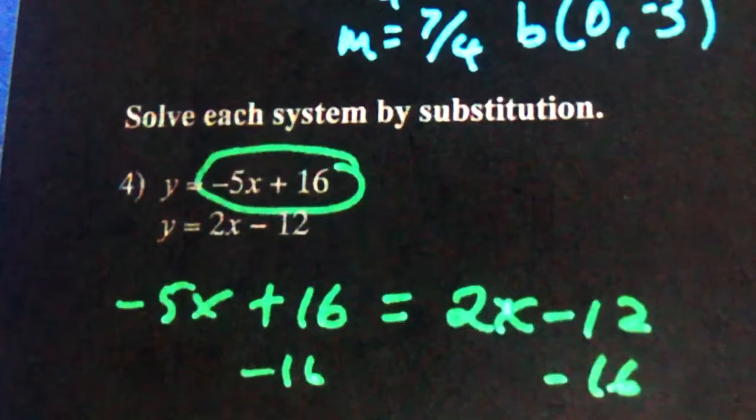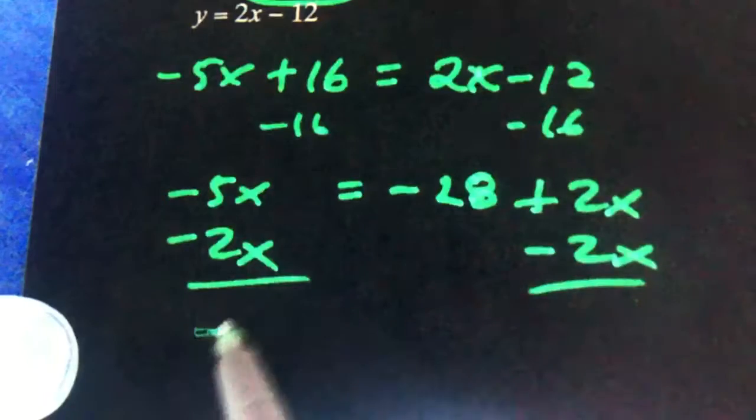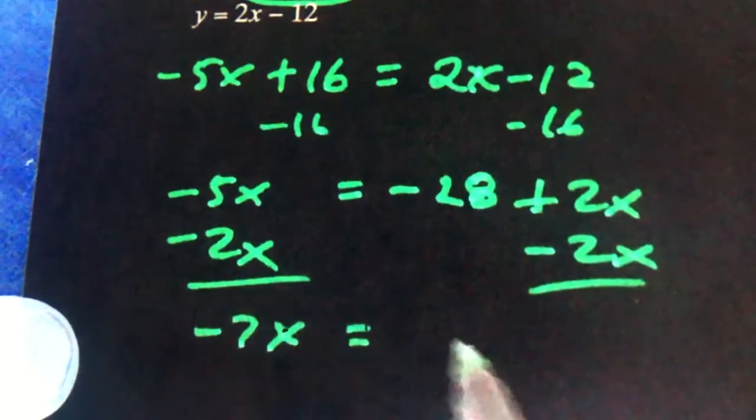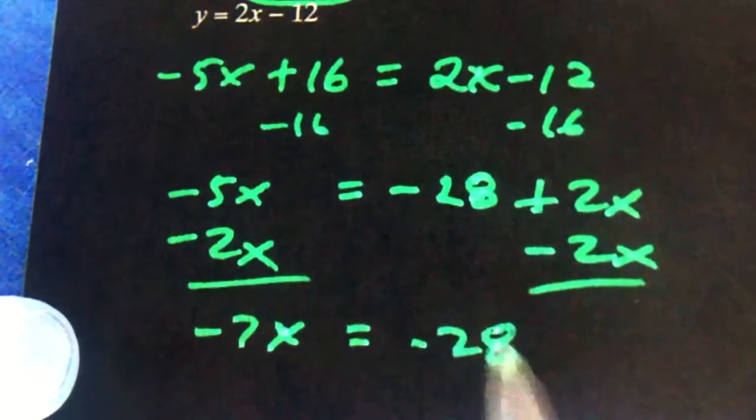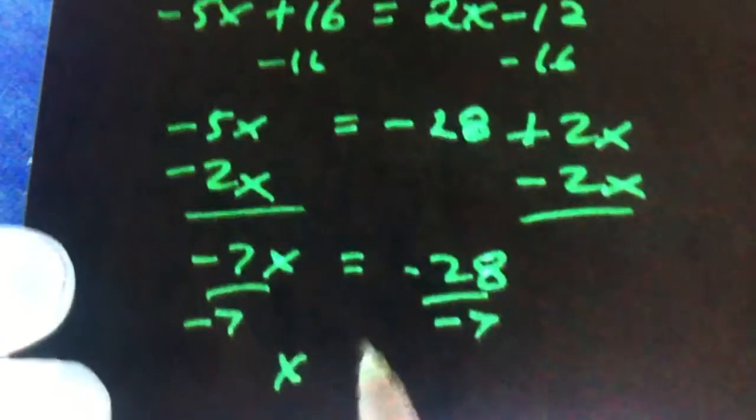We've got our plus 2x here, so we subtract that 2x on both sides, and get negative 7x. All right, negative 7x equals negative 28, and then we divide by negative 7. We're going to get x equal to 4.